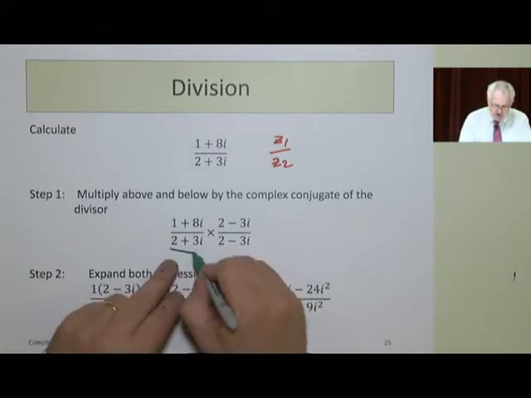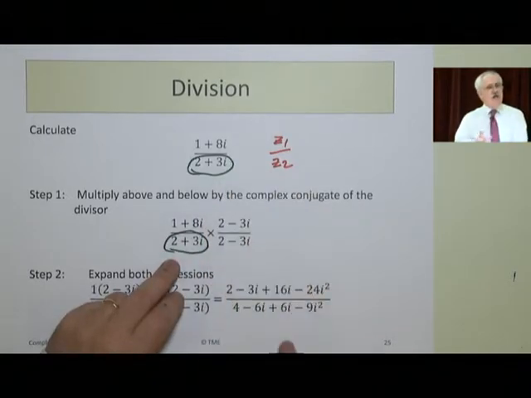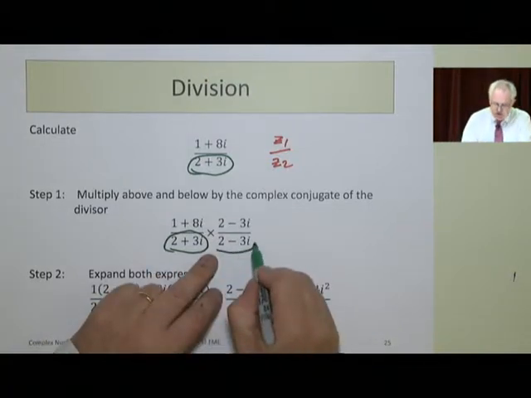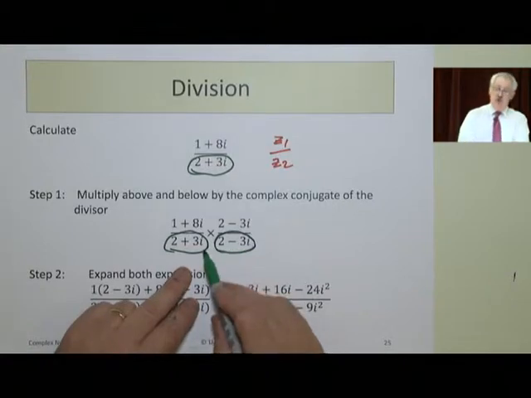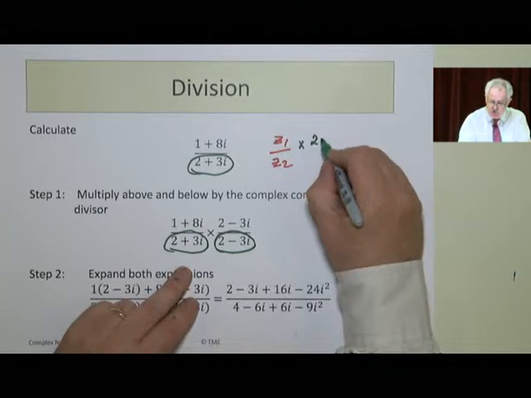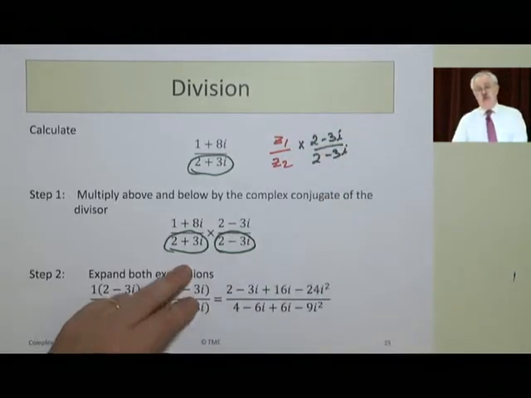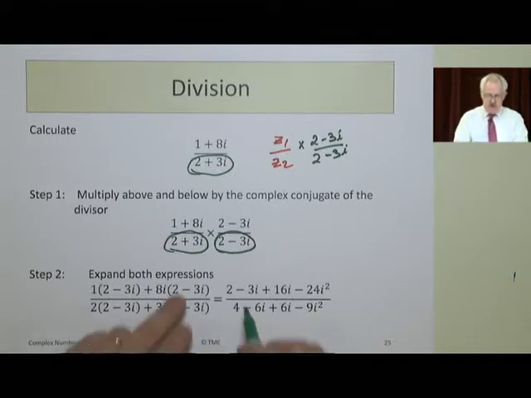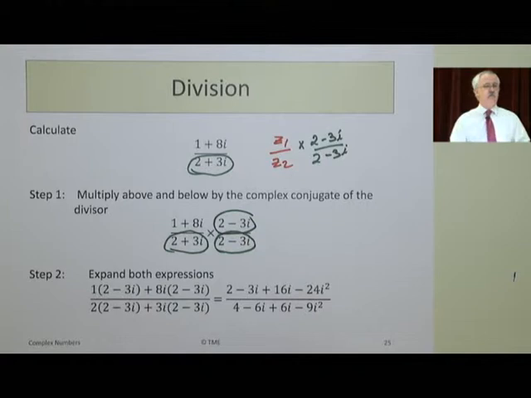So what you do is, with the complex number 2 plus 3i on the bottom, you bring in its twin, the complex conjugate, and you multiply on the bottom by its twin. But you know yourself, if you decide to multiply something by 2 minus 3i on the bottom, you better also do it on the top. So I'm going to multiply above and below by this number here.